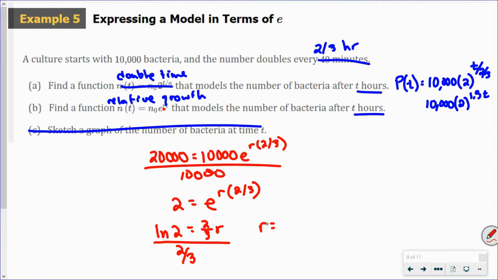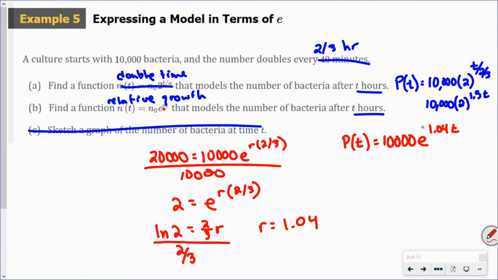So I have 1.04 is what it would round to. Then my equation here would be P of t equals 10,000 e to the 1.04t. That way, whatever time they give me, I can figure it out.